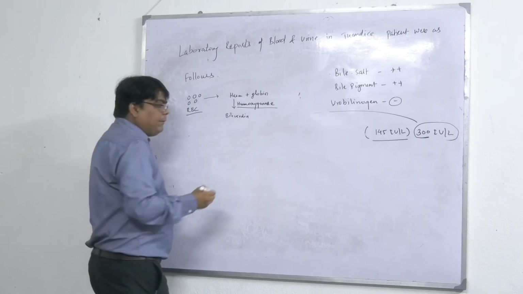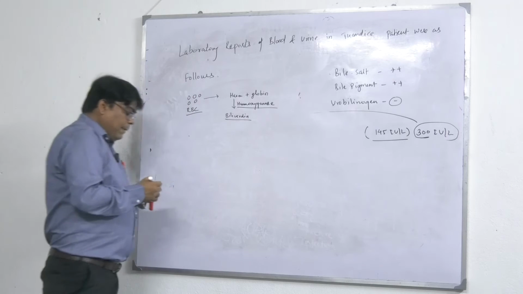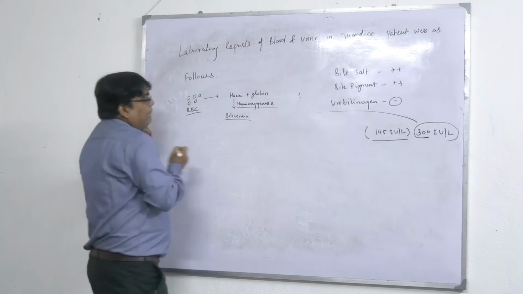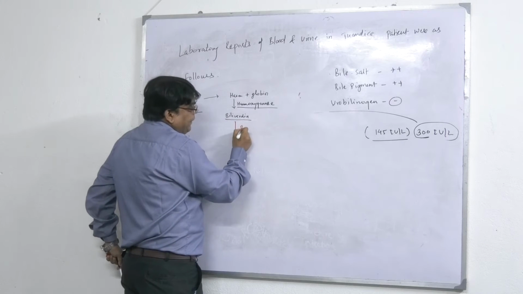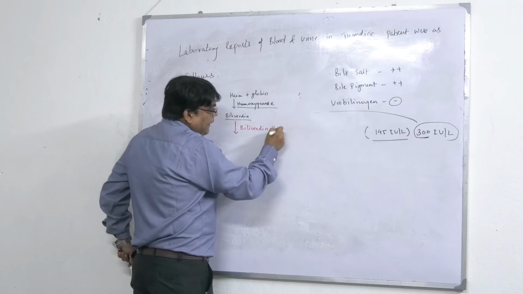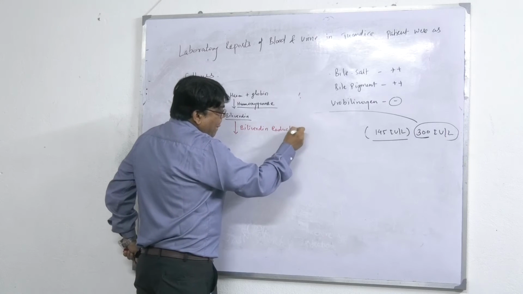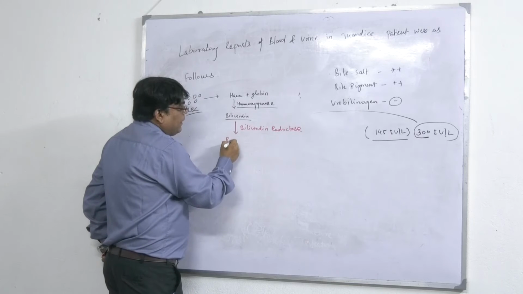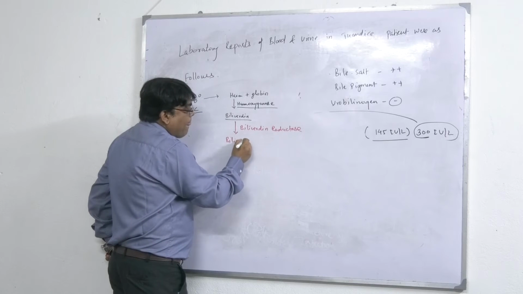Then by the enzyme biliverdin reductase, this is converted into bilirubin.